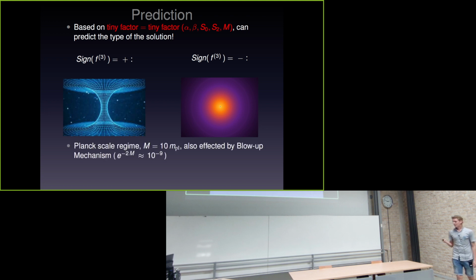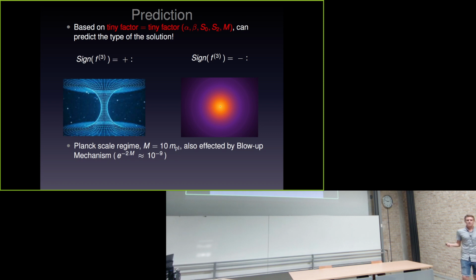And the nice thing is that for our Planck-sized system, so m equals 10 Planck masses, the flow mechanism is also at work, because here this e to the power minus 2m, so the corrections at the horizon are of order 10 to the power minus 9, so still incredibly small. And so now we have all these numerical solutions that can form a test bed for testing if this mechanism is really at work here or not.